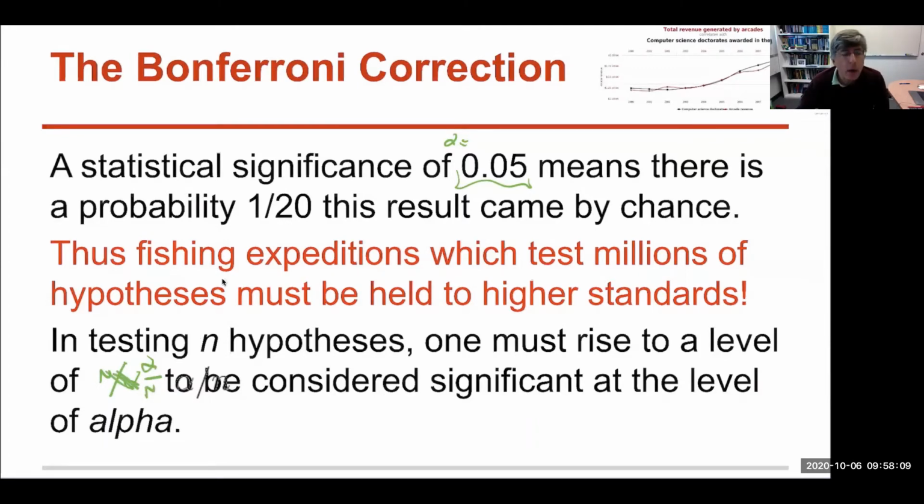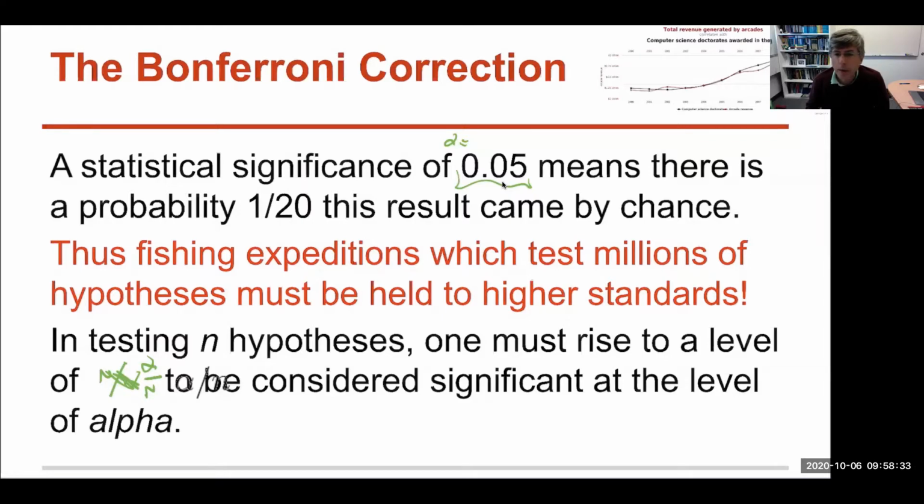So if you want to prove that the chance of the observation happening by chance was 1 out of 20, and you're testing 1,000,000 hypotheses, the hypothesis that you want to trust had better rise to a level of 0.05 over 1,000,000. Okay?